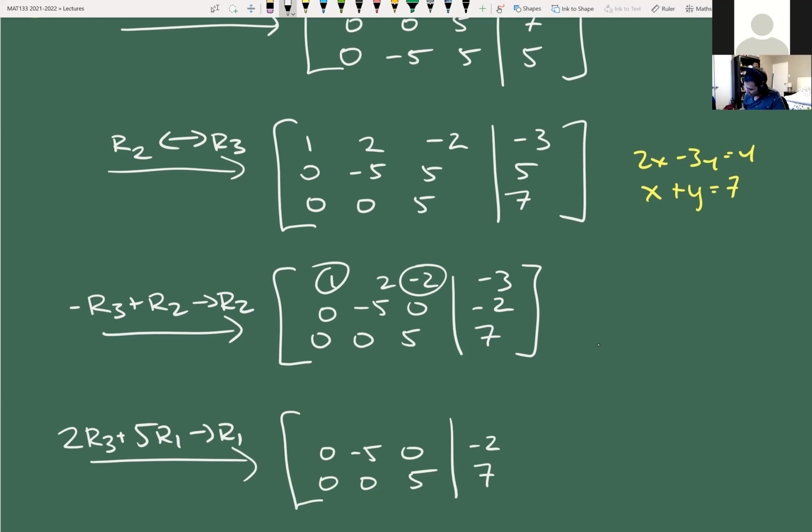Okay, so I'm going to take 2 times that added to this. This is going to be 5 row 1. So it's going to be 5, 10, 0. And then 14 minus 15, so -1. Is that right?